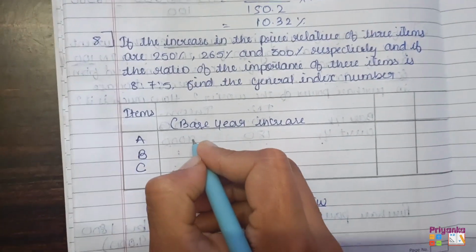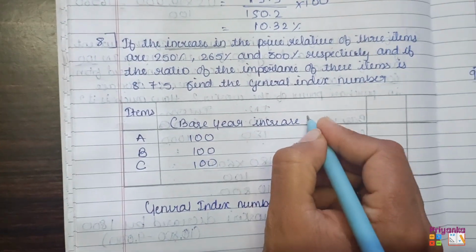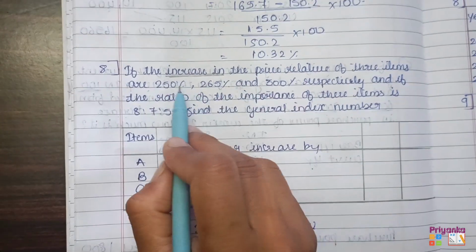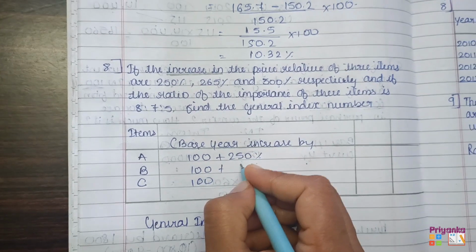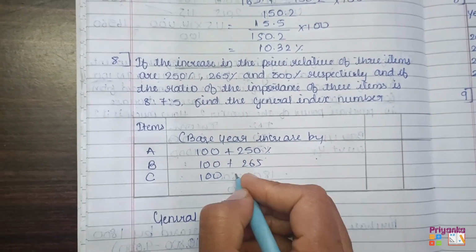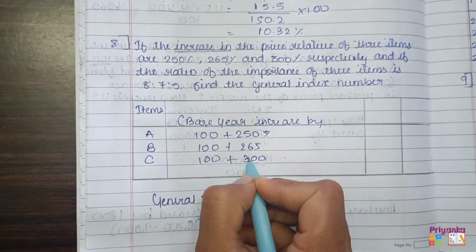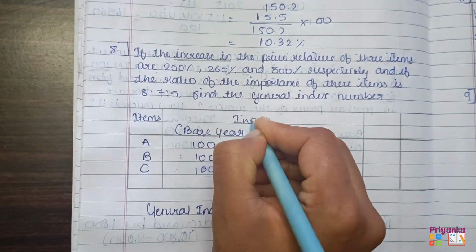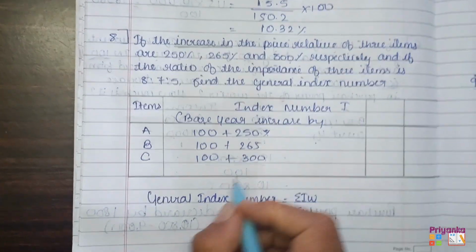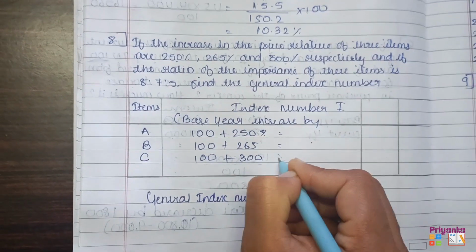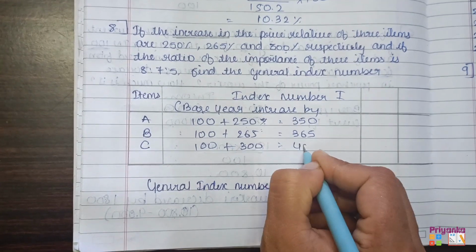The base year we always assume at 100, and increased by the given numbers, that is 250%, 265% and 300%. That will be added to the base year, and here we'll find our index number I. Here we get the totals: 350, 365 and 400.